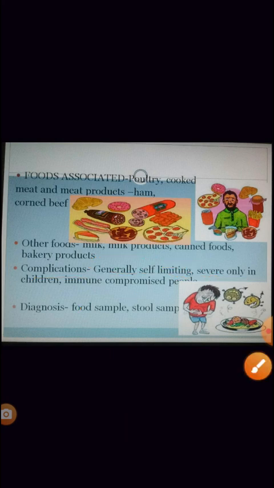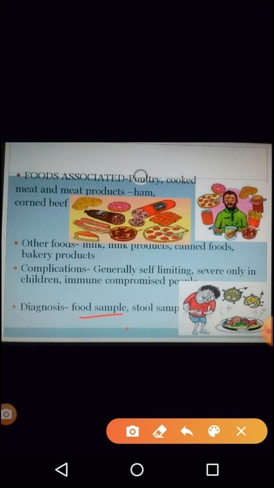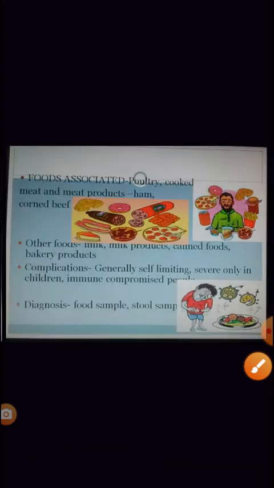Diagnosis, how do you do the diagnosis? If it doesn't reach that level, the diagnosis has to be done, but generally the food sample is taken and the stool sample is taken, staining is done, and culturing of the organism is done on nutrient agar and on specialized media, mannitol salt agar.